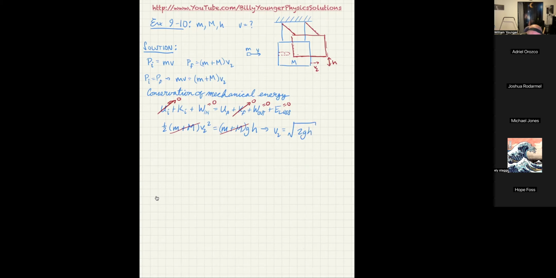So now we've got v2, and I can plug v2 into the result from conservation of momentum, and we get the following.